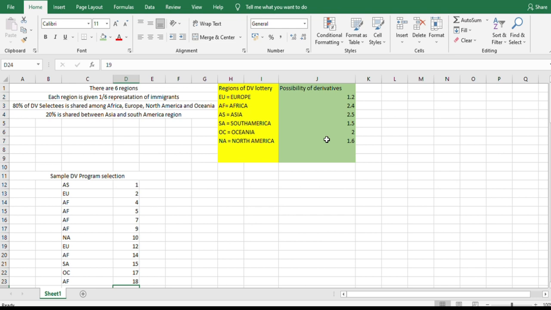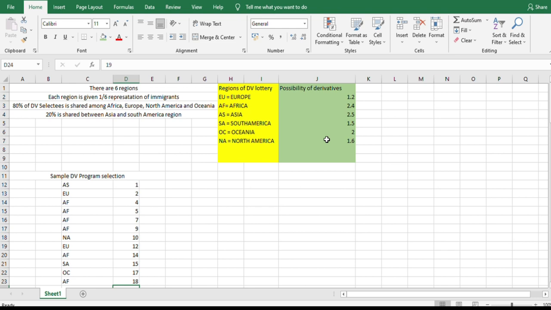And this is done because for the DV lottery program, there are a maximum of roughly 55,000 visas set aside for that process. And those 55,000 visas are inclusive of every derivative of the selectees.